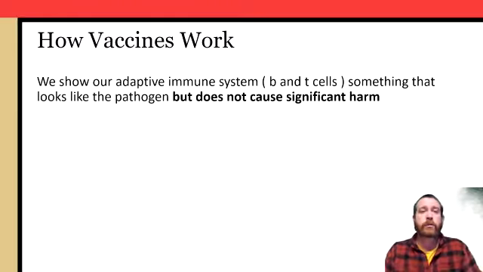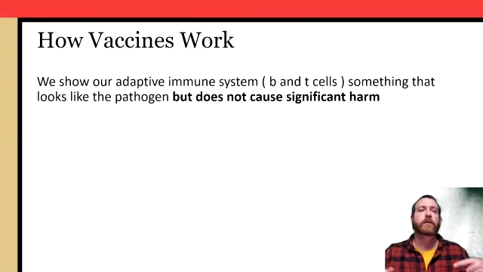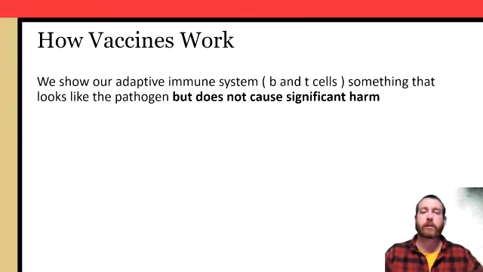So when they show you that piece of a pathogen, your immune system recognizes it as foreign and recognizes that, hey, the next time we see this, we need to ramp up more quickly and to start attacking and destroying that.